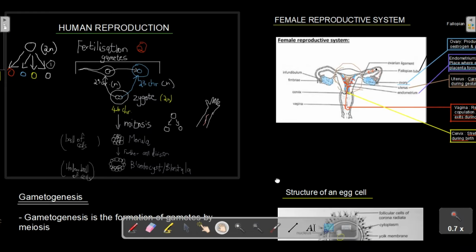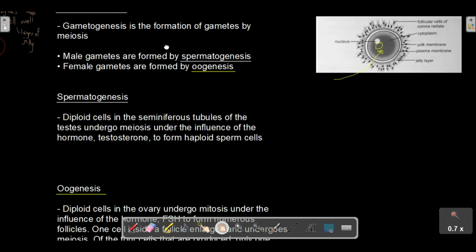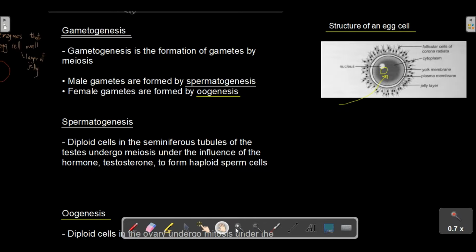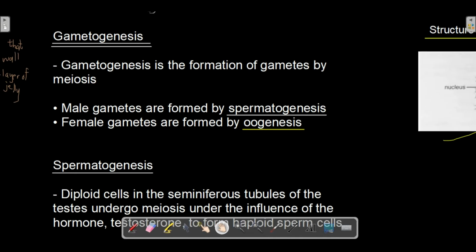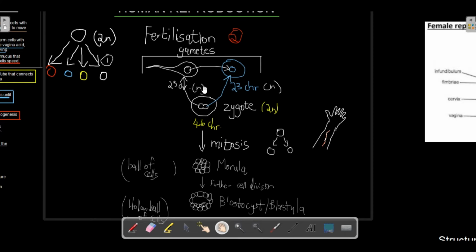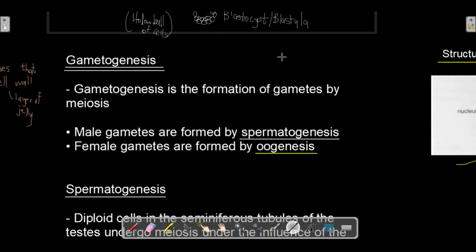Now let's talk about the formation of these gametes. We use different terms for different formations of gametes. Gametogenesis is the generic term for the production of gametes, or sex cells. As we said, gametes are your sperm cells and egg cells. Gametogenesis is the formation of gametes by meiosis.